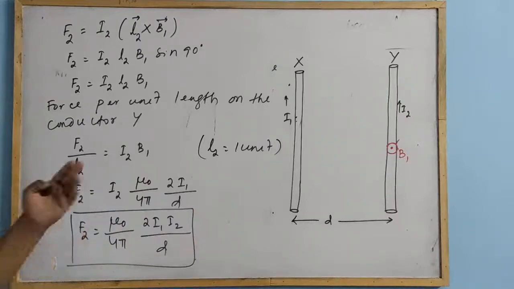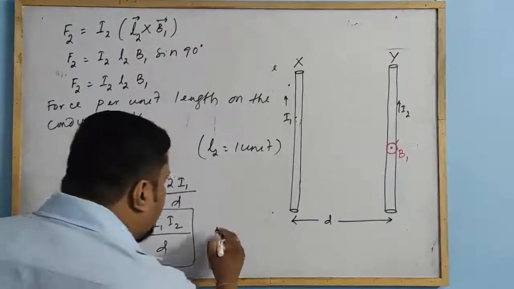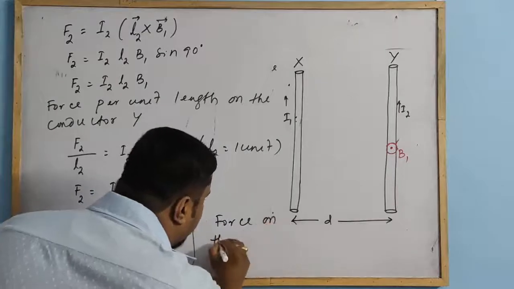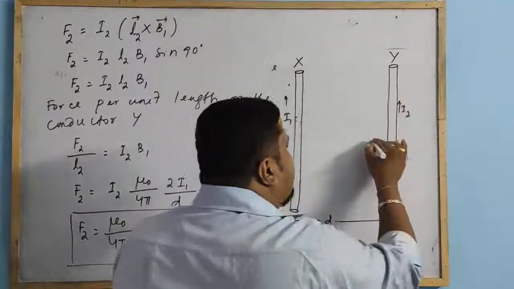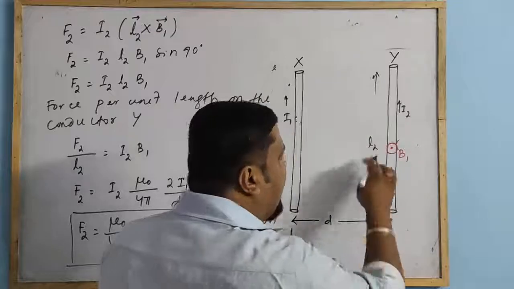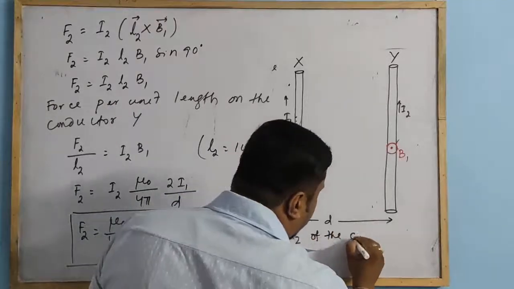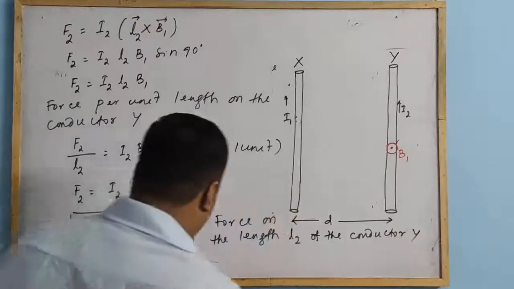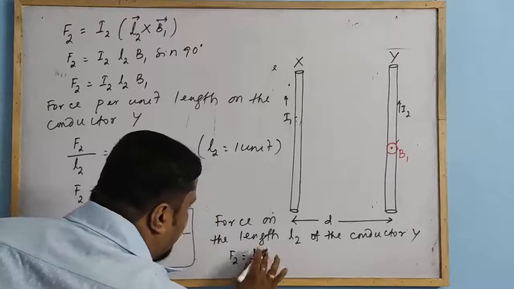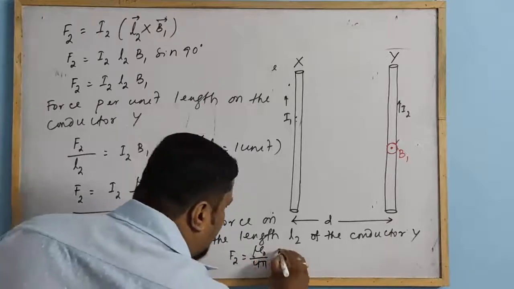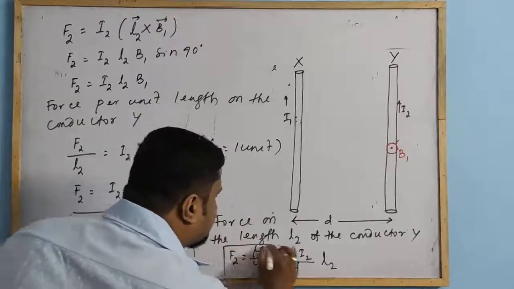The force on the length L2: suppose it is not infinite, but you consider the length L2 of the conductor Y. Then F2 is equal to mu naught by 4 pi 2 I1 I2 by D into L2. That is also a formula.